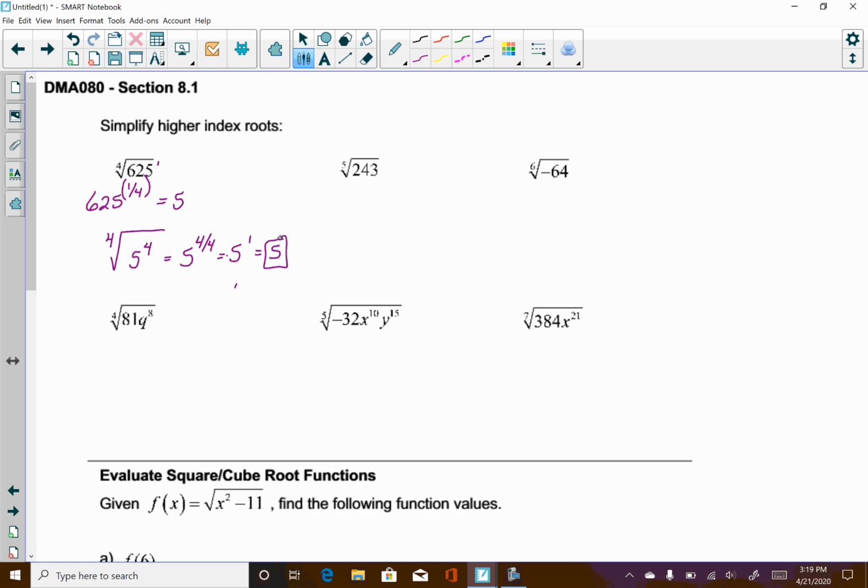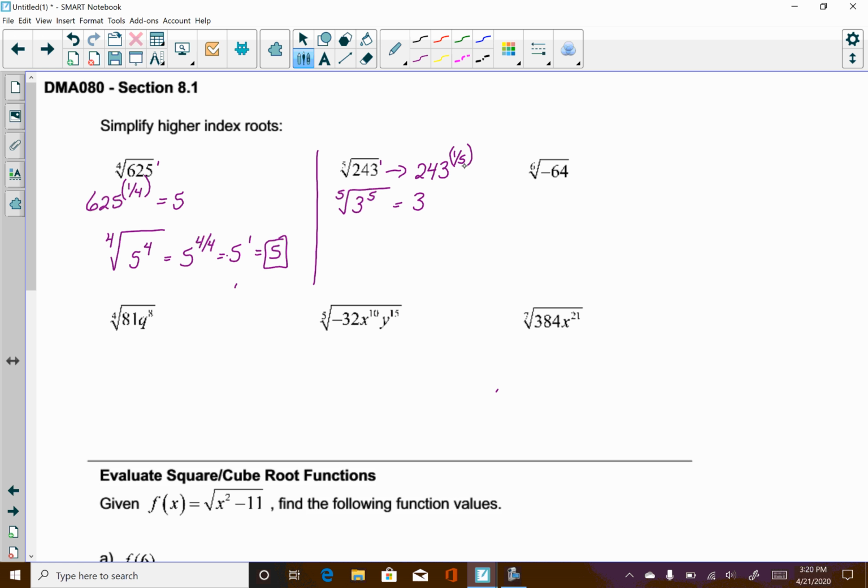Okay, so like on this next one, we would be asking ourselves, what can we multiply times itself 5 times to get 243? And so that would be the 5th root of 3 to the 5th power, and so that would just give us 3. If you wanted to put it in your calculator straight away, it would be 243 raised to the 1/5 power.